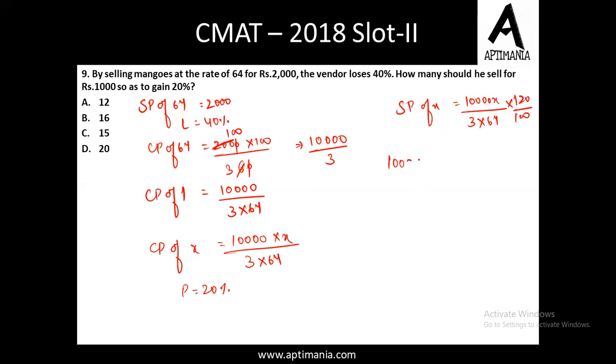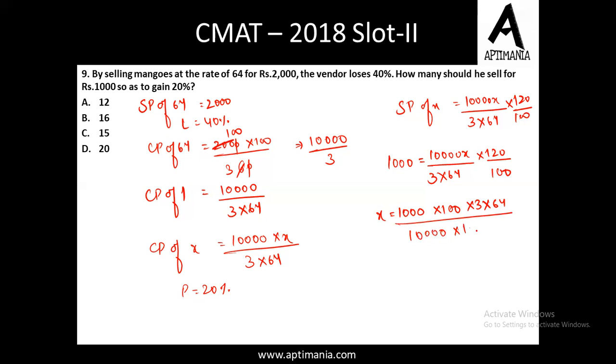So we can just put it down: 1000 equals 10,000 X upon 3 into 64 into 120 upon 100. On cancellation, we'll have X equals 1000 into 100 into 3 into 64 upon 10,000 into 120, right?